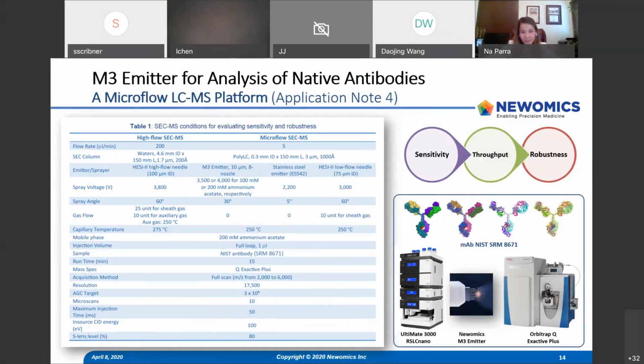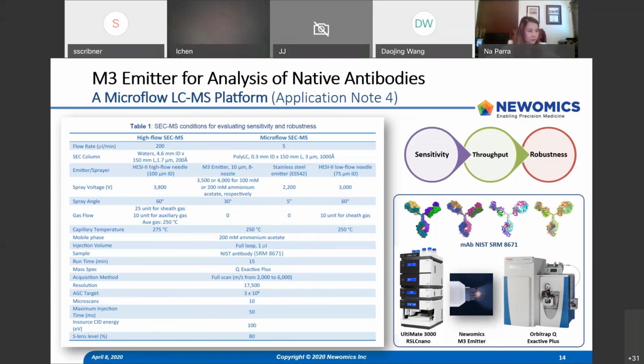Right now we have a QE Plus. One scientist just asked the question why we have an angle. That's one of the advantages of using our emitter. Right now we are using a 30-degree angle going in. So a lot of background salt, as well as denatured protein, is going to be on the outside of the ion cone.